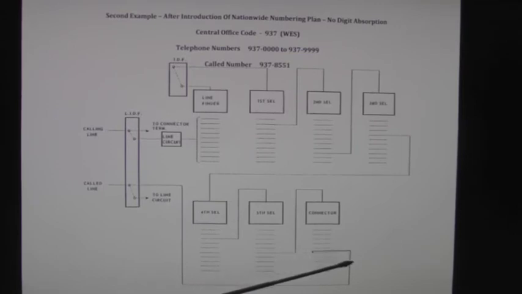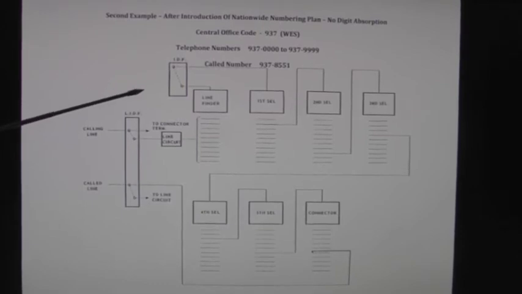So that called line is now seized, and the connector sends ringing current over to the called line telephone. The called line party answers, the connector trips the ring and connects the calling line through to the called line, and a conversation can commence.